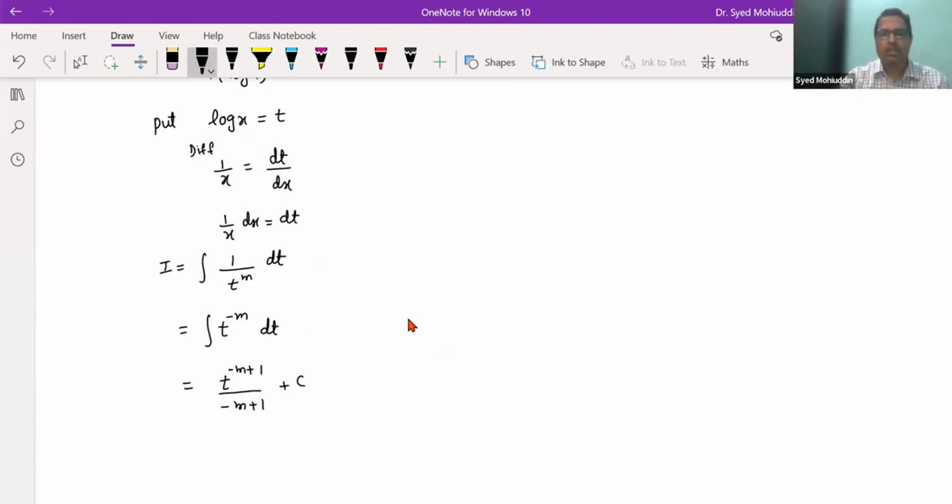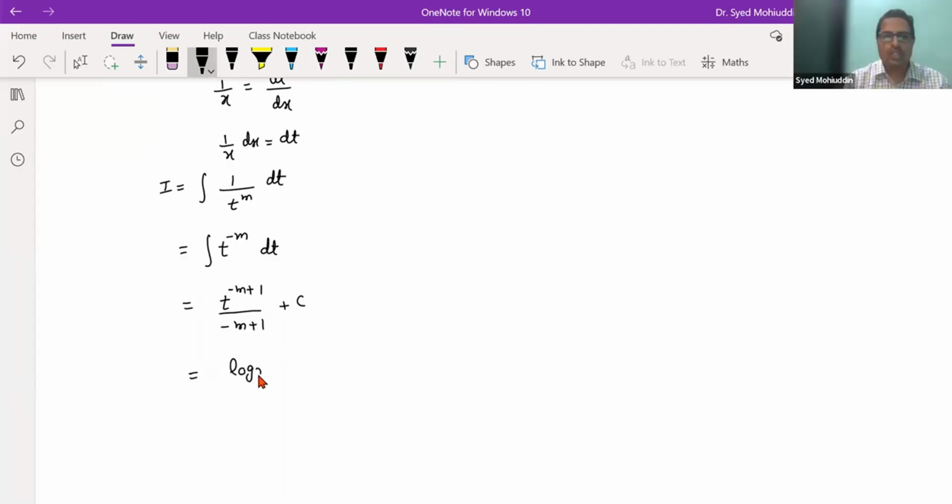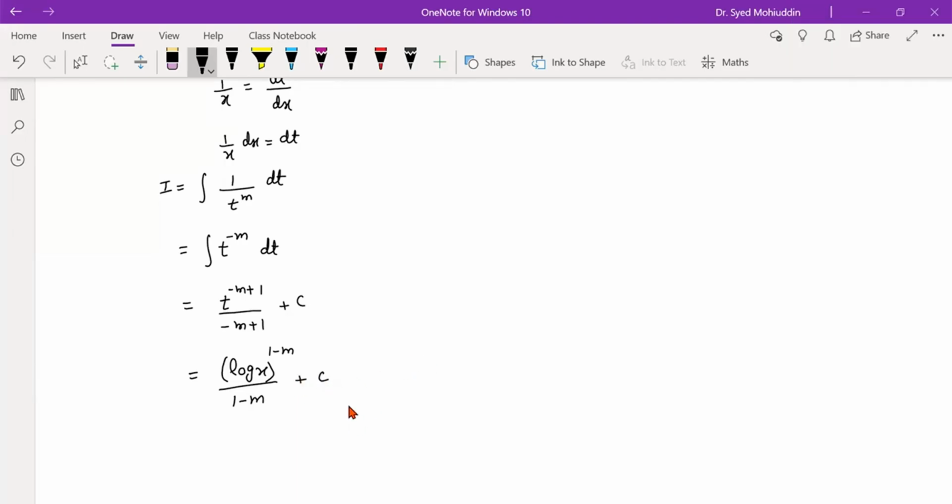We have taken t as log x, so you can write log x to the power of minus m plus 1, or I can even write it as 1 minus m, divided by 1 minus m, plus the constant of integration c. This is one way of writing the solution.